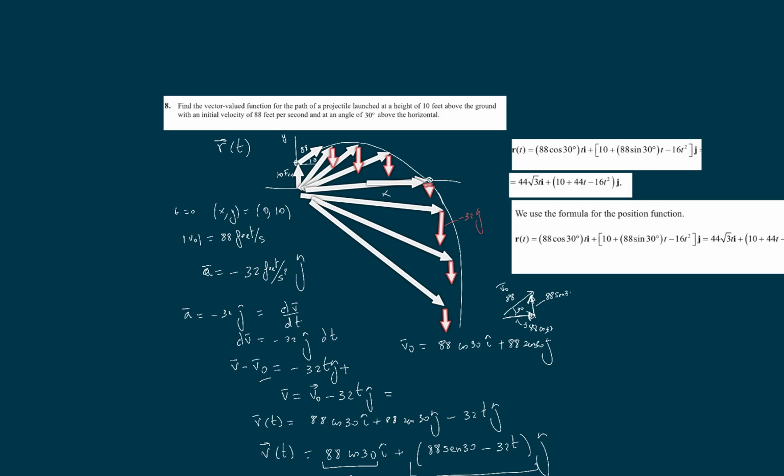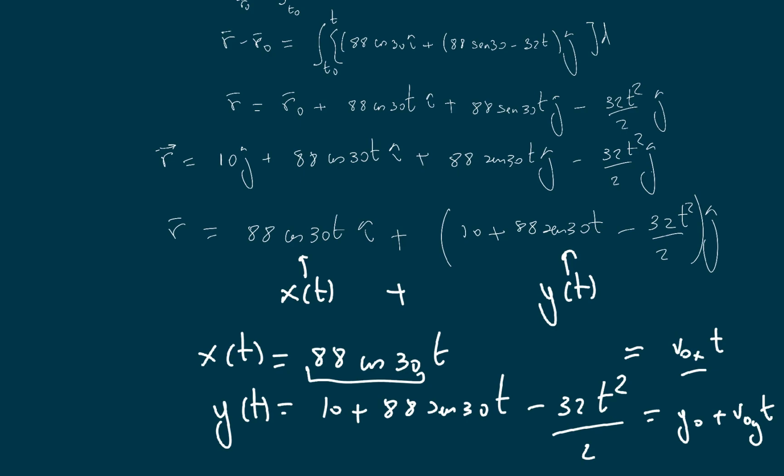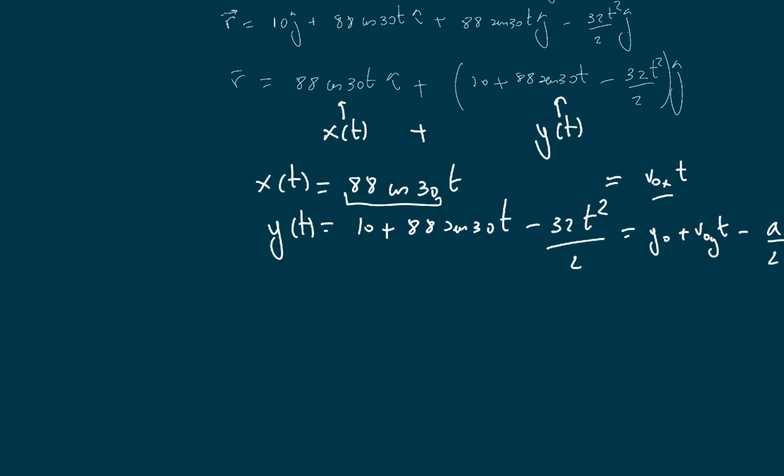How can I see that this is a parabola? It's not difficult to see, because x of t is v0x, a number, times t.